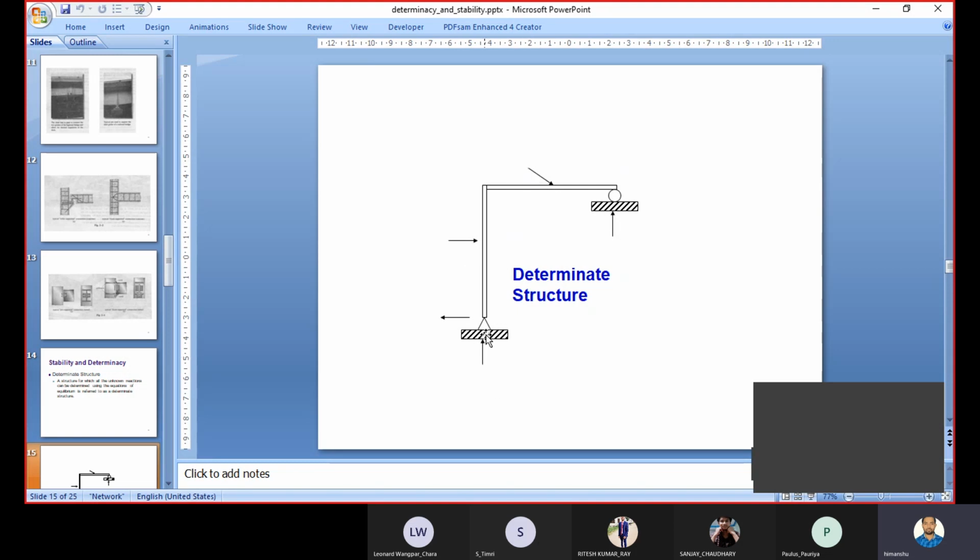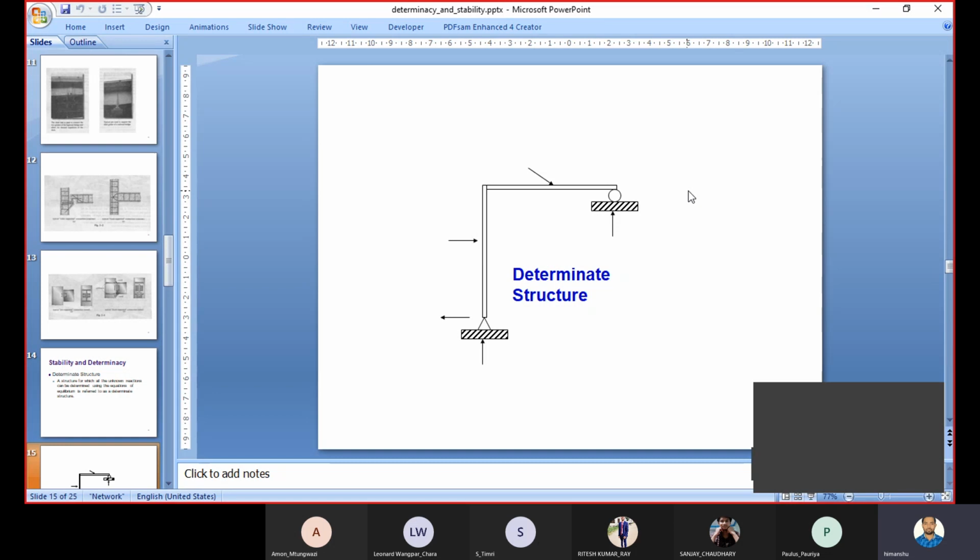In case of a hinge support, there will be only two reaction forces. One is in the vertical direction, another one is in the horizontal direction. And in case of a roller support, there will be only one force, which is in the vertical direction. So there are total only three reactions which are unknown to us.